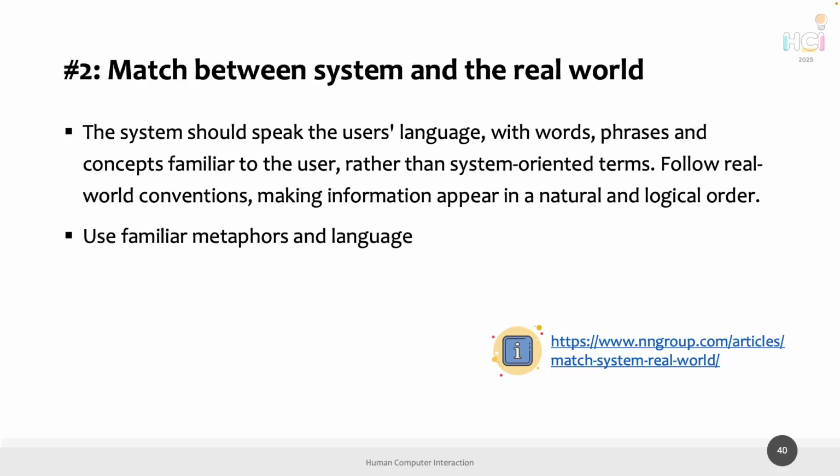In other words, try to use familiar metaphors and language. Okay? So if you are designing something for a doctor, it's fine to use terms that a doctor typically uses. But if you are developing something for another category of users, using medical terms is not a good idea, right?